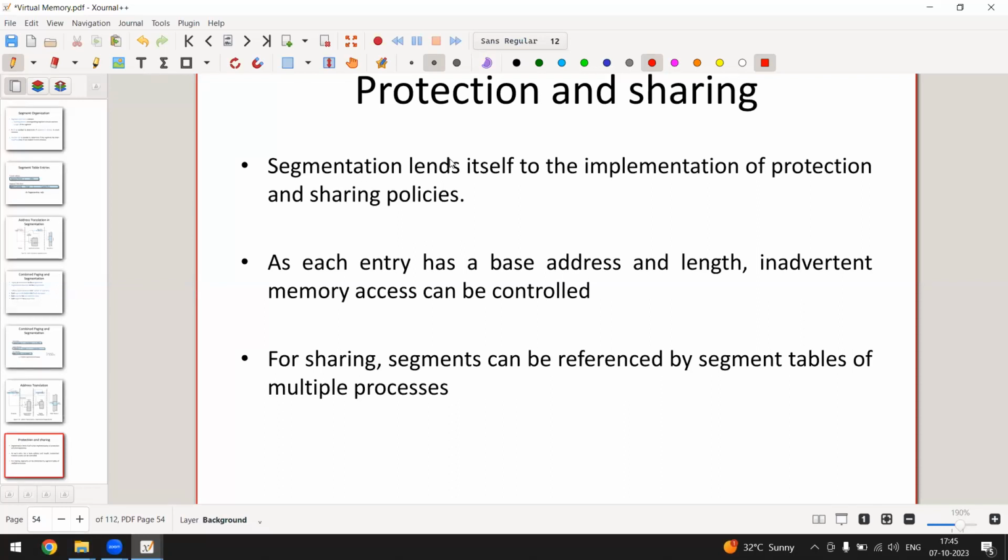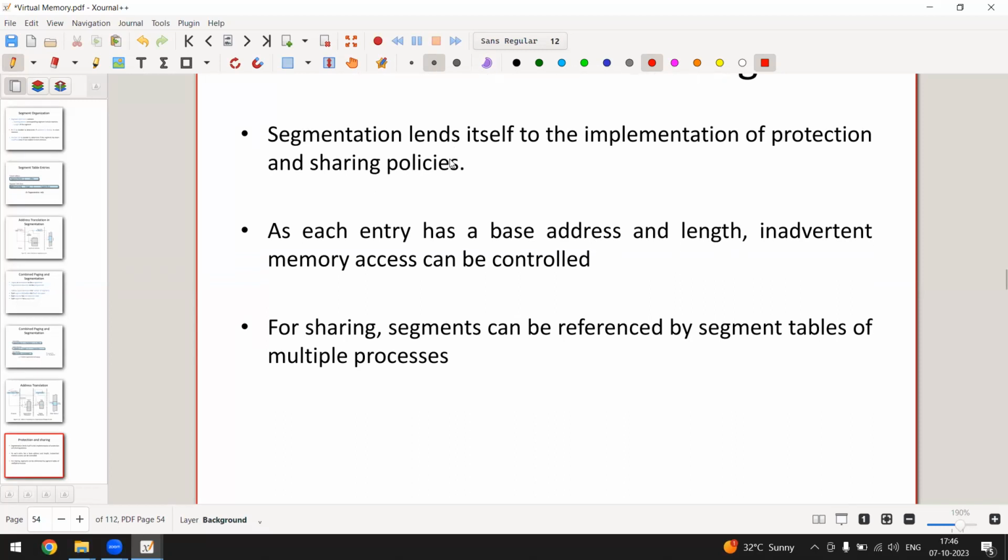If I'm making a reference which is above that, then it's not going to be a valid address. So in that way, segmentation is more protection friendly, sharing friendly, and security mechanisms you can implement easily.